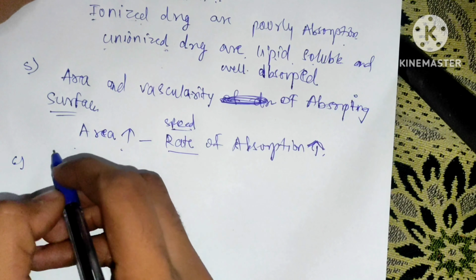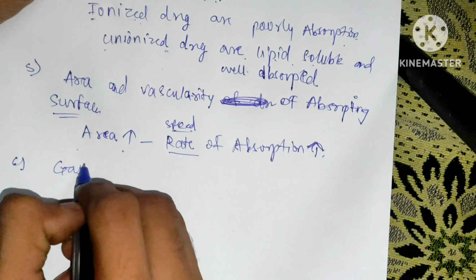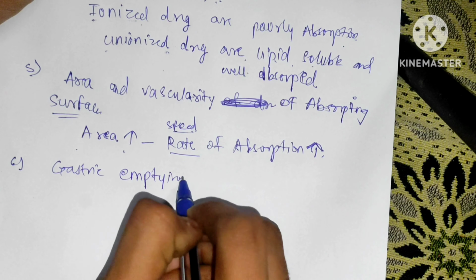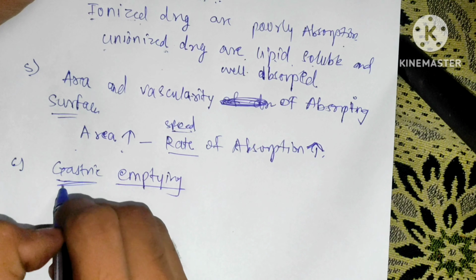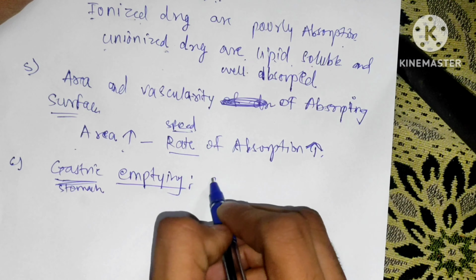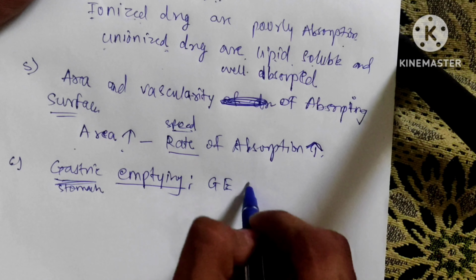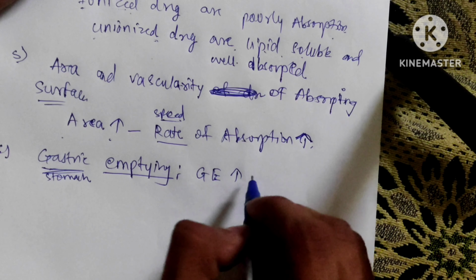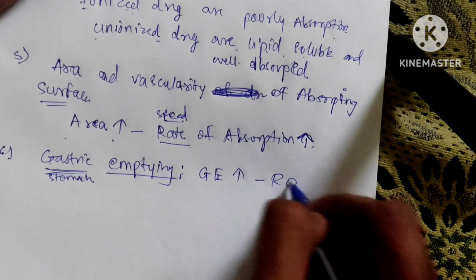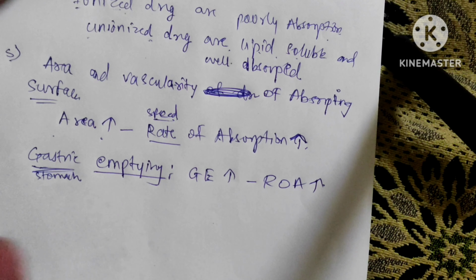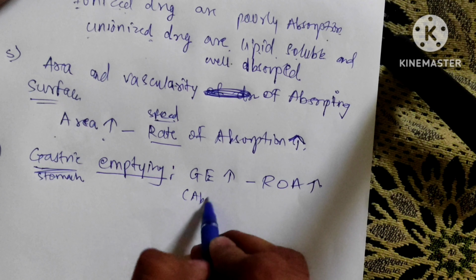Then another point is gastric emptying. Gastric means stomach. If the gastric emptying increases, then the rate of absorption is going to increase, because absorption occurs in the intestine.